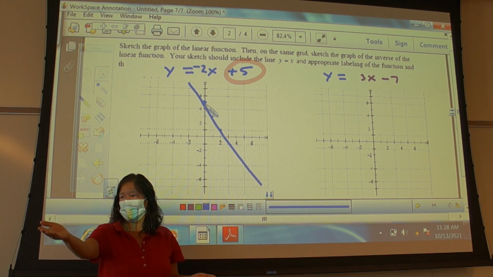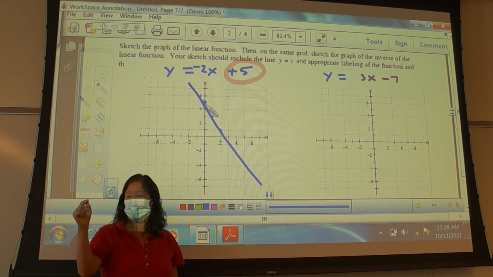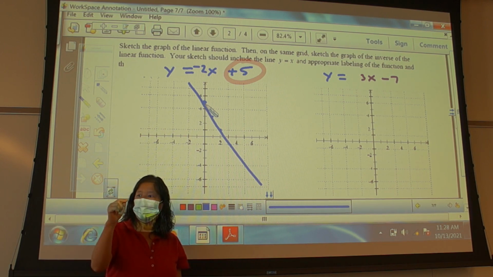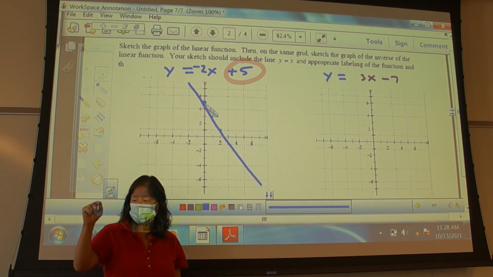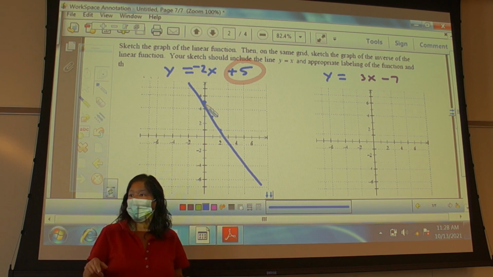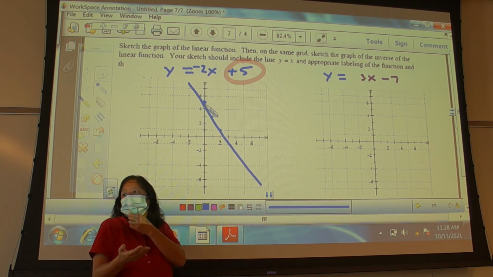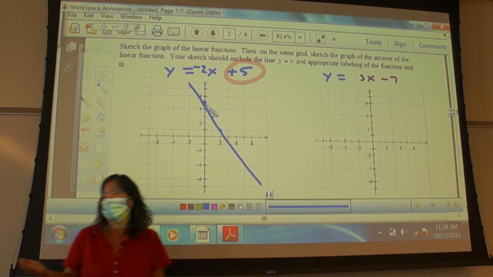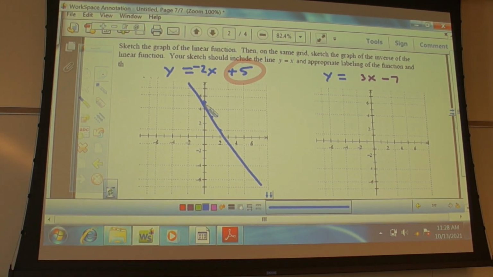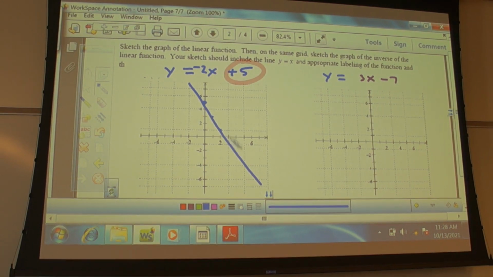Negative 2 over 1. So that means my run is going to be 1. My rise is going to be negative 2. Rise over run. Does that sort of make sense? That's the easiest one to grab because I already have negative 2. So you can always use that. So that will give you all those points.